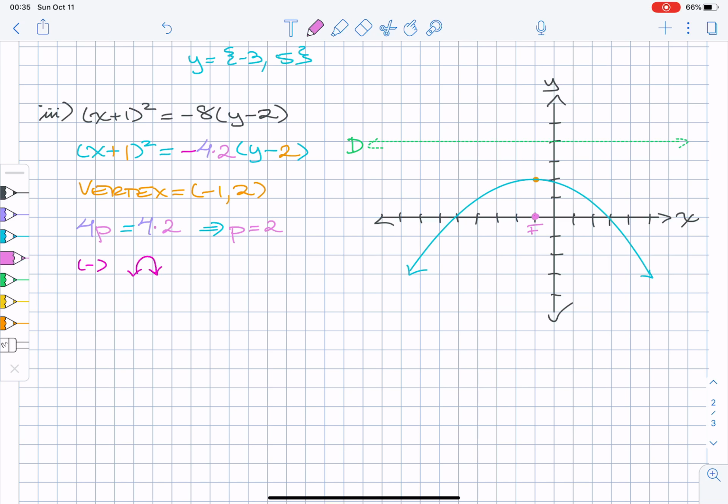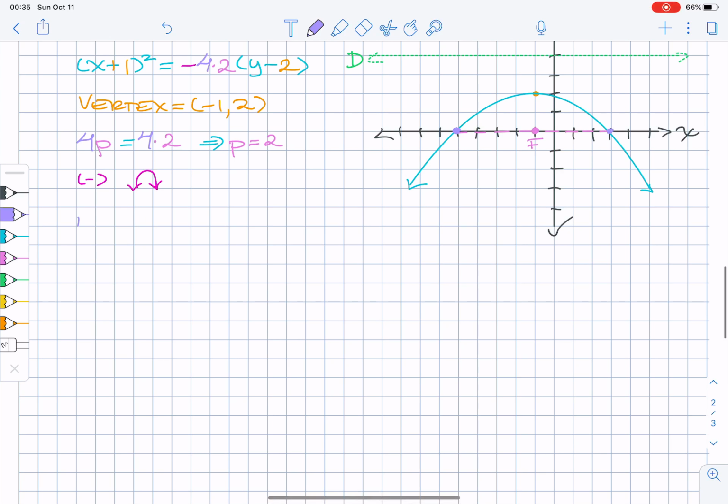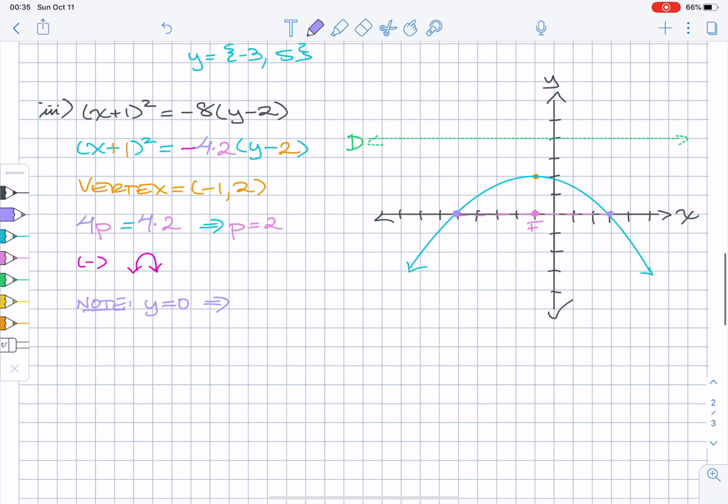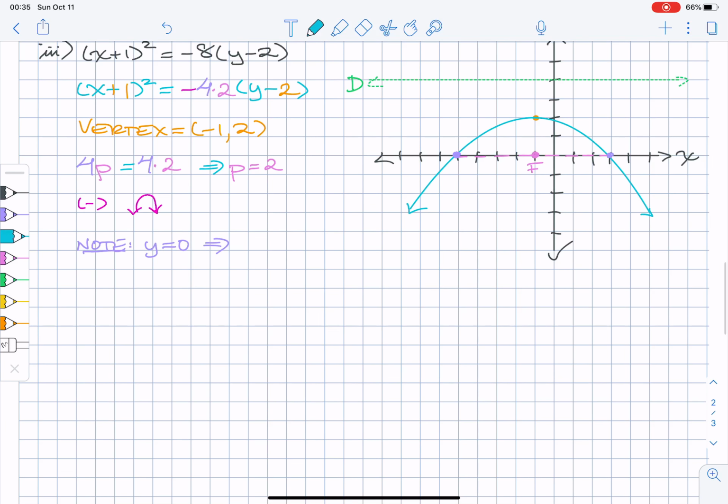So let's look along the line through the focus, parallel to the directrix. What are these two points? Well, that's y equals 0. So if we have y equals 0, this gives us (x plus 1) squared is equal to negative 8 times (0 minus 2).